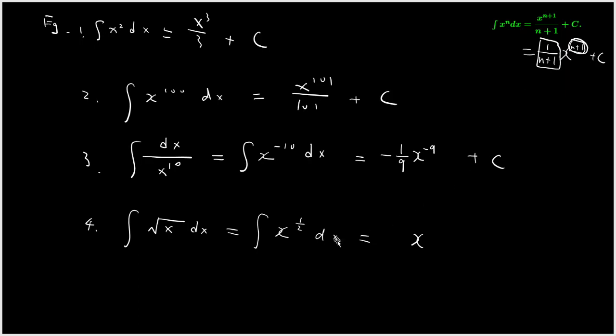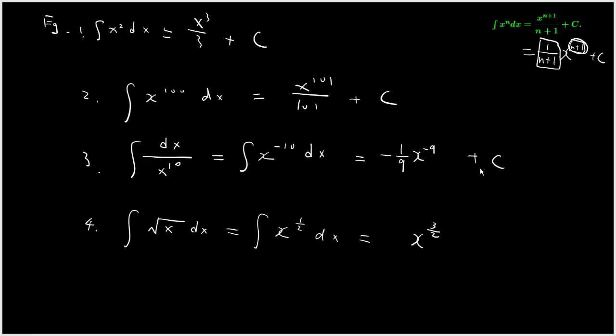In the antiderivative, the exponent part is 1/2 plus 1, n plus 1, where n is 1/2. So the exponent part is 3 over 2, right? 1/2 plus 1 is 3 over 2.